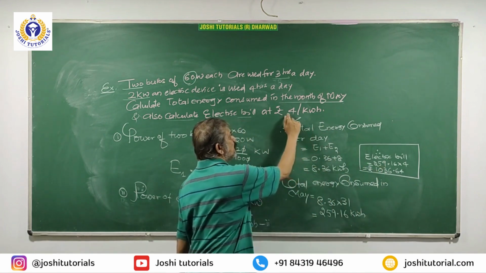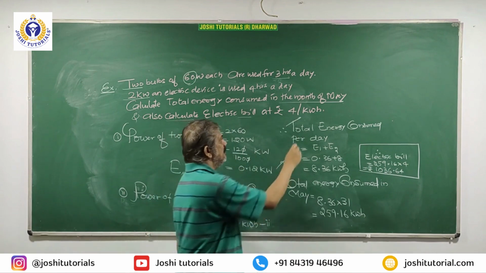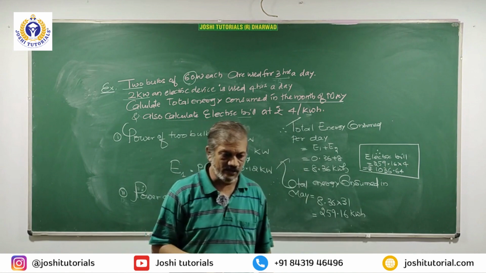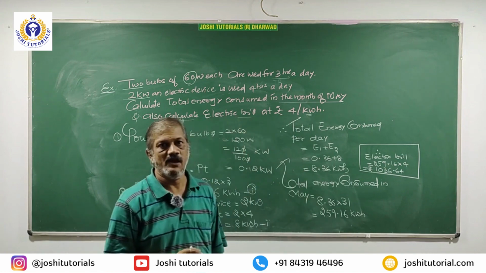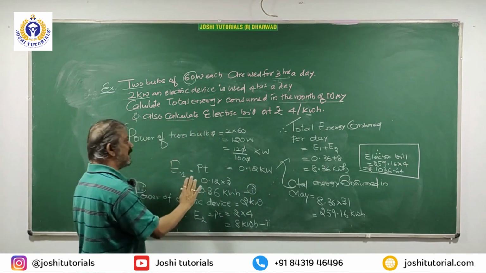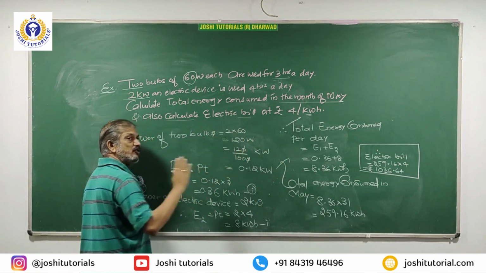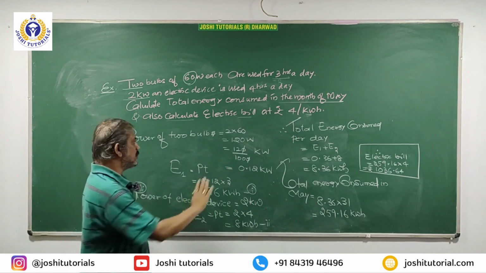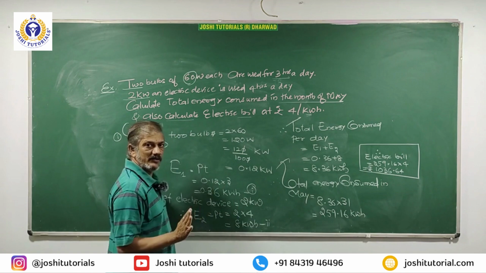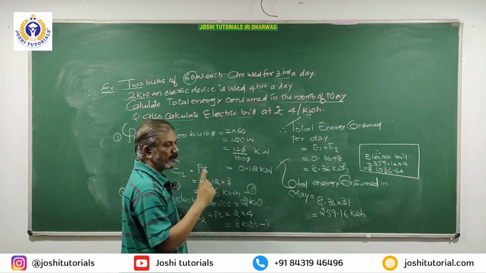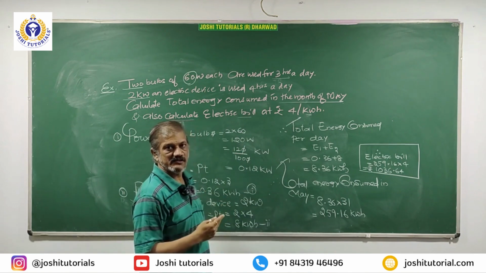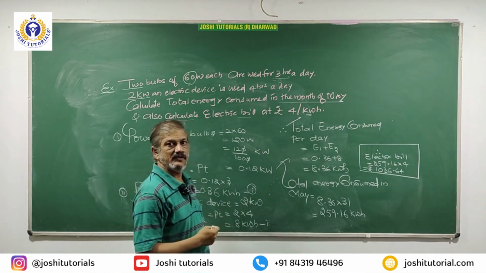They give you the cost of each. Sometimes they don't tell kilowatt hour, they tell units. But commercial unit is kilowatt hour. So you must know that it should be converted into kilowatt. Don't keep as it is. If they give in kilowatt already, don't convert. Further, you must remember the days: June, July, August, September, October.